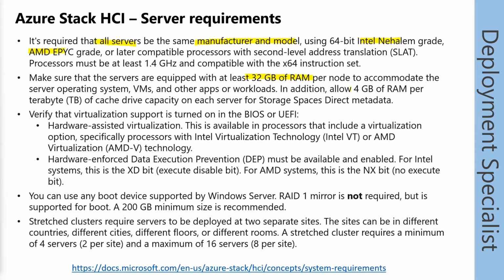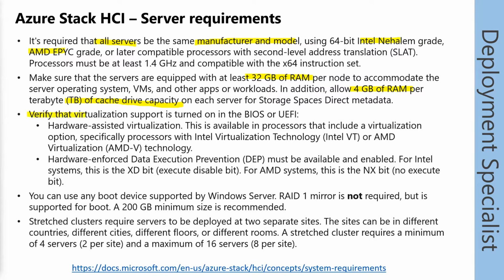Additionally, you will need 4 gigabytes of memory for each terabyte of cache drive. We will learn when we talk about the drives that the cache is optional, but if we are running an Azure Stack HCI solution with cache drives, we need 4 gigabytes of memory for each terabyte of cache.